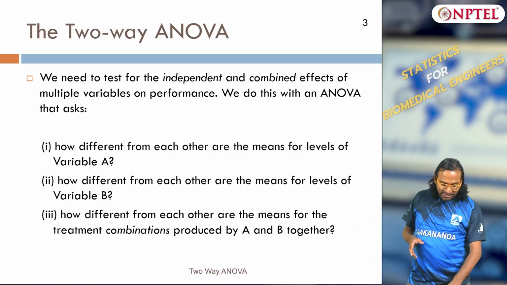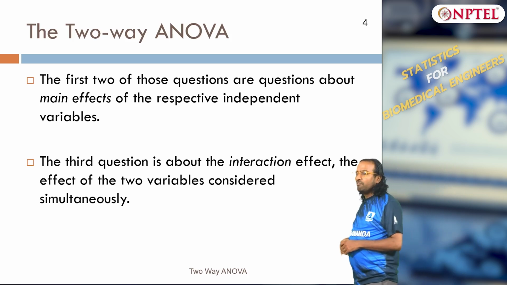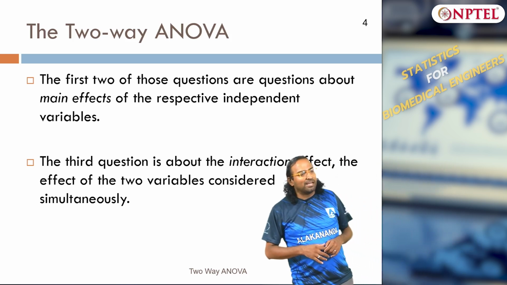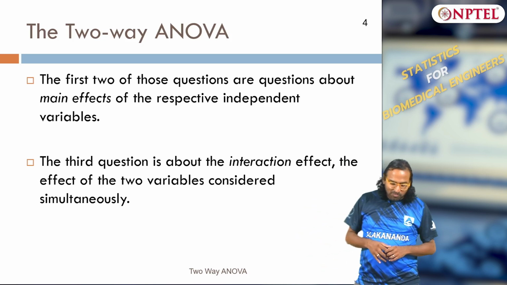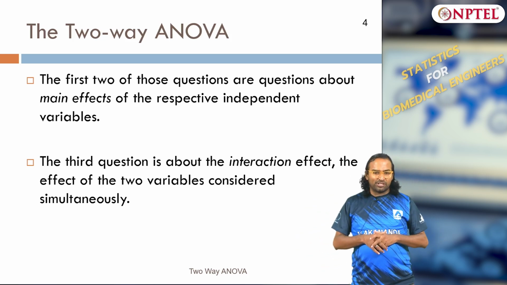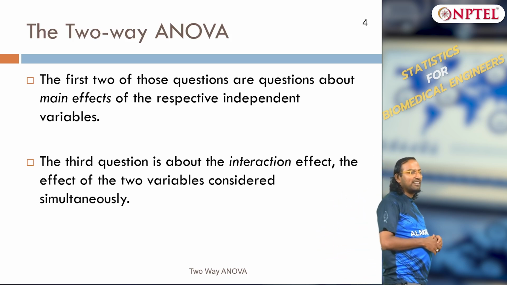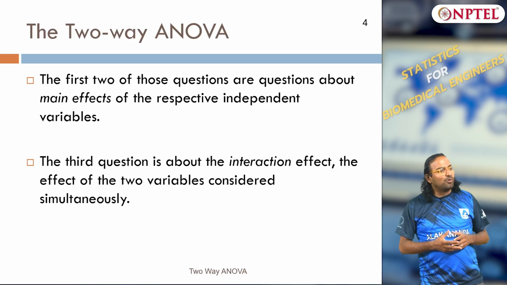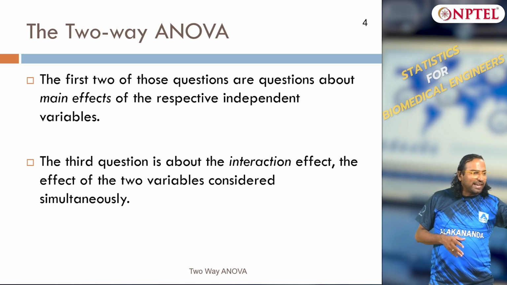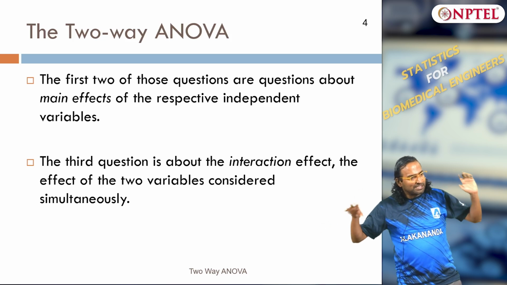unlike independent. So the first two questions are main effects. We could have simply done an RCBD kind of analysis, but what will not be possible to answer is the third question, which is about interaction. Even if you do RCBD, you can understand the A effect separately, you can understand the B effect separately.